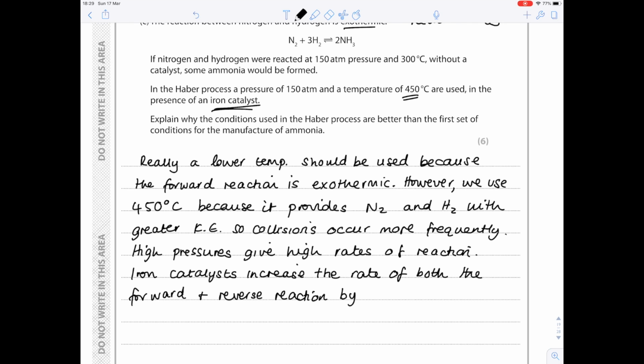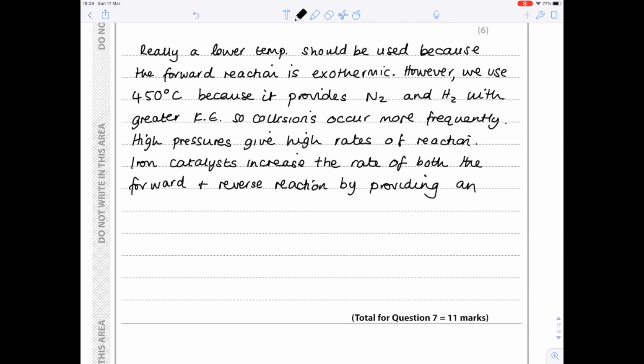Let's state how the catalyst works by providing an alternative reaction pathway with lower activation energy, and that's something you need to learn. That's how a catalyst works.